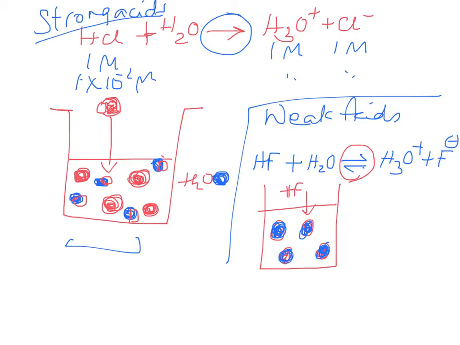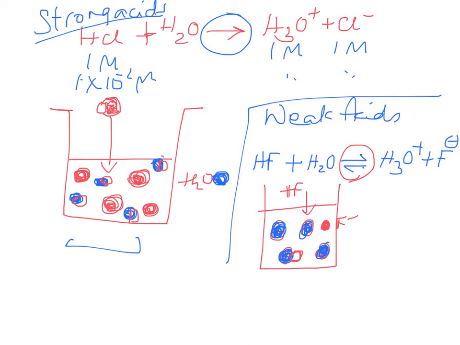Majority of it is as is. One of it has picked up the H plus to form the hydronium ion, and maybe there would be one fluoride, and I'm putting in a smaller solid sphere to denote the F negative. So the equilibrium arrow, like I said, shows partial dissociation.